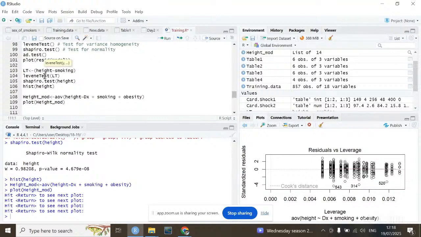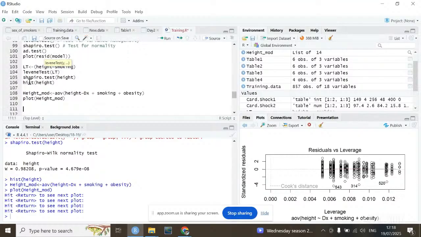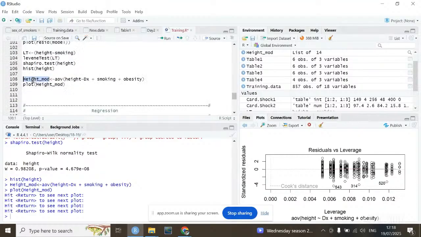For this data, since it has not followed the assumption, we could do data transformation, or we could do other analysis.